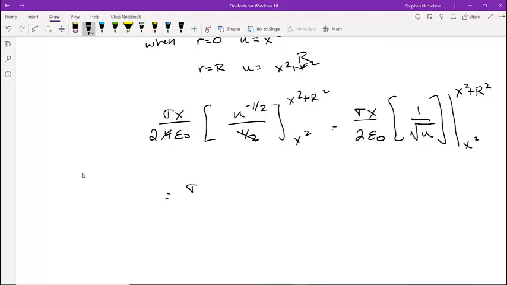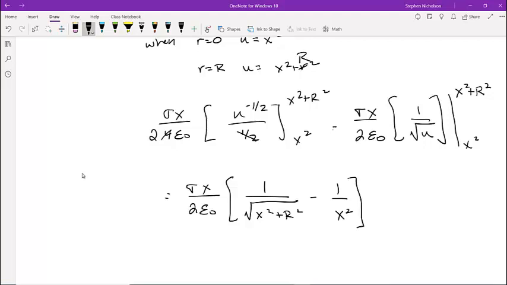So we have sigma x over 2 epsilon 0, 1 over the square root of x squared plus R squared minus 1 over the square root of x squared.